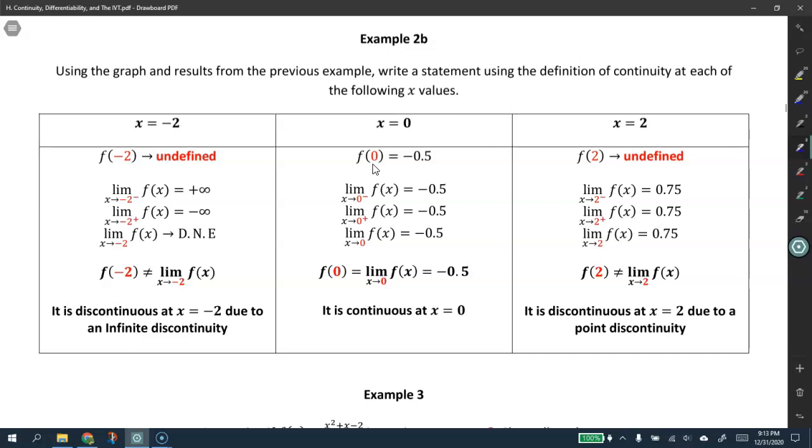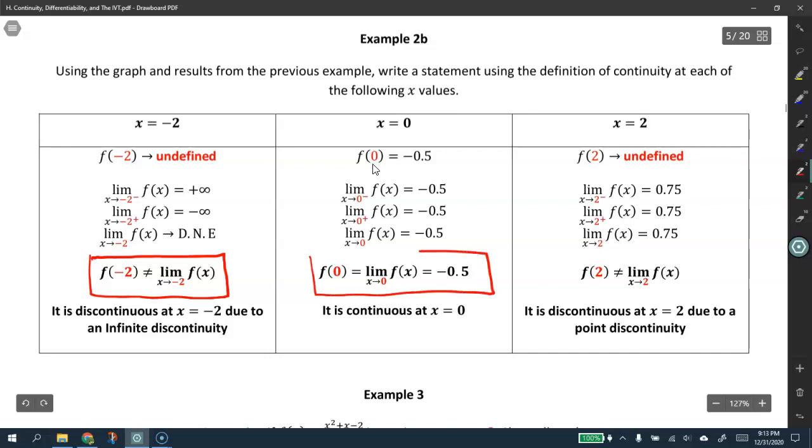Part of the reason why we do example 2b is just to familiarize yourself again with something that tends to bother students a lot, which is the definition of continuity. They really struggle with the idea of the definition of continuity. So I have shown it to you 3 times. Let's go ahead and consider 3 numbers: -2, 0, and 2.